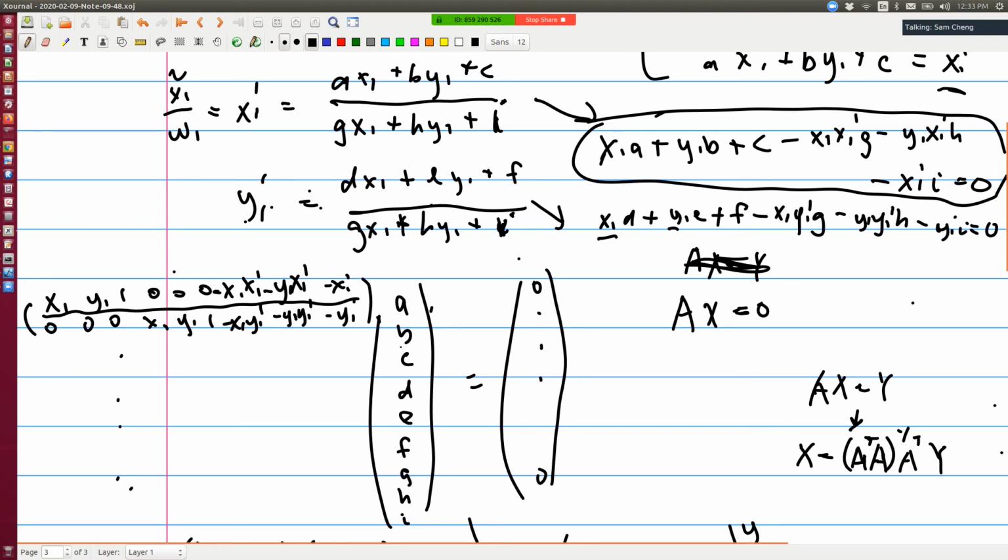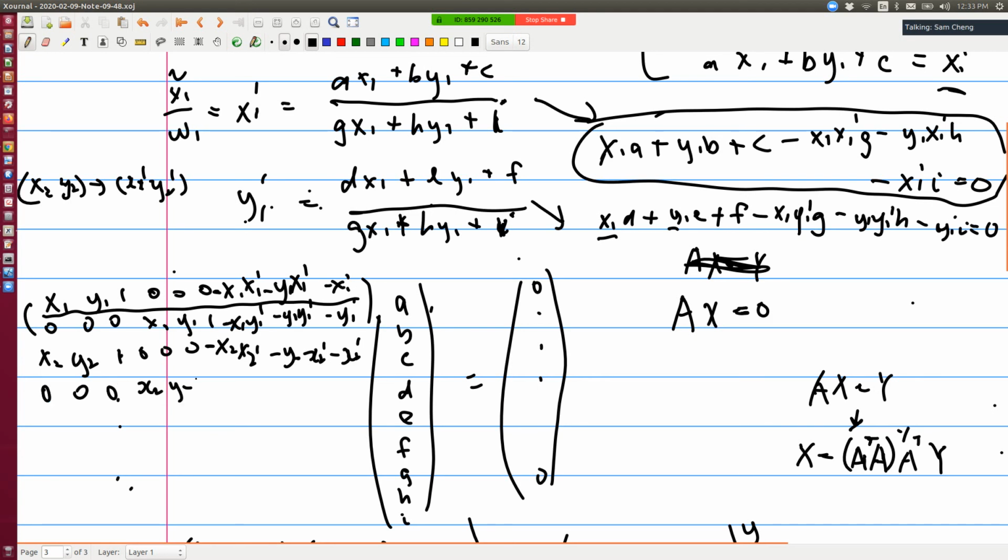If I have another pair of coordinates, x2, y2, mapping to x2 pi, y2 pi, then I have two more lines: x2, y2, 1, 0, 0, 0, minus x2 x2 pi, minus y2 x2 pi, minus x2 pi. Oh, sorry, there's a minus sign here. And then 0, 0, 0, x2, y2, 1, minus x2 y2 pi, minus y2 y2 pi, minus y2 pi. Something like that.